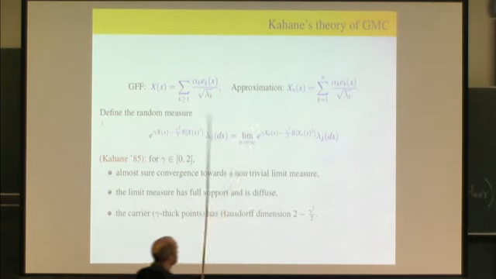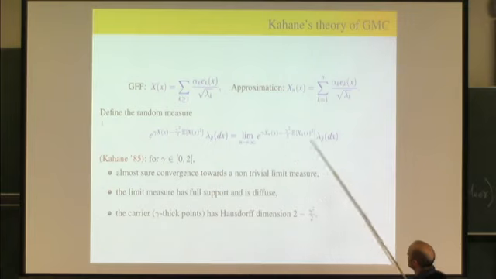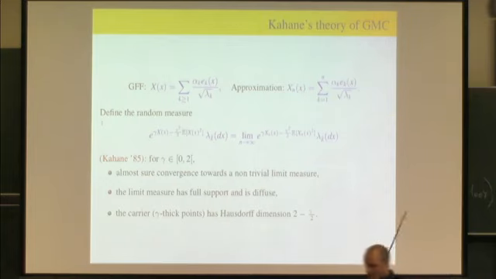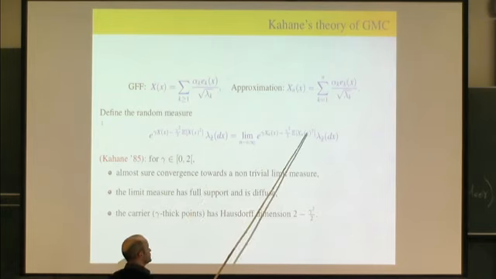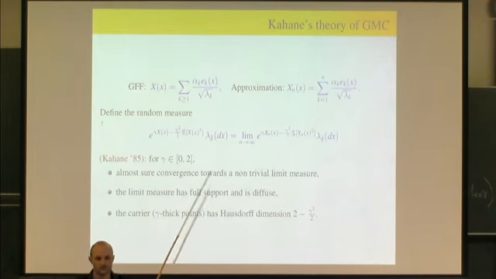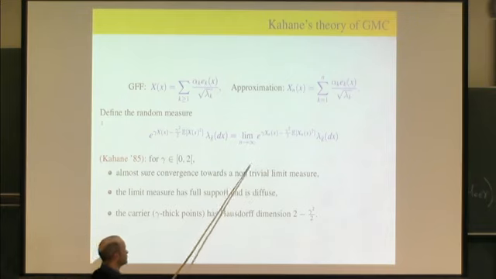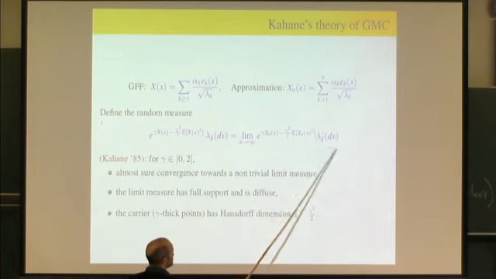The limiting measure you want to construct will be the limit of this approximating measure, without the variance term here. If you just do this approximation, this random measure will diverge, so you need to renormalize it by the mean, so that the mean of your random measure is just this deterministic measure here.